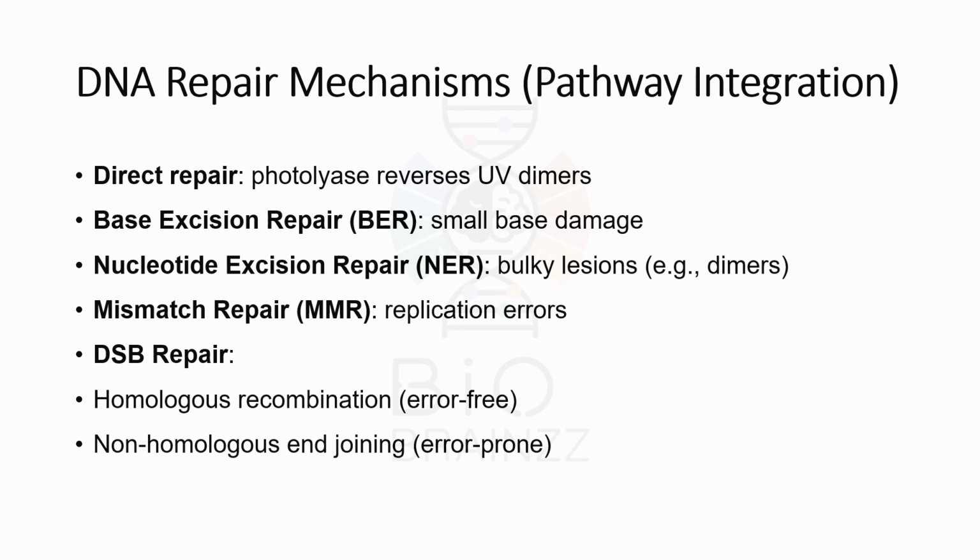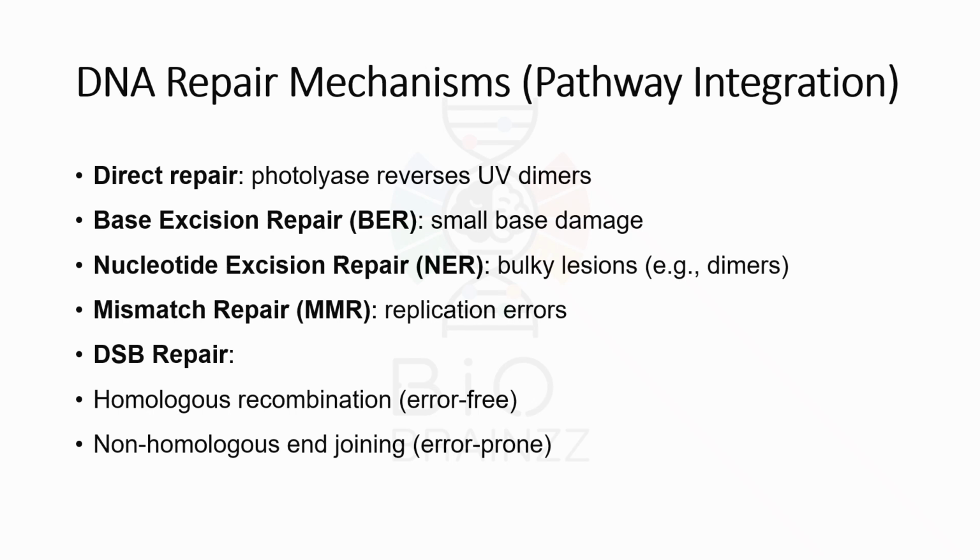DNA repair mechanisms. Cells have multiple repair mechanisms to maintain DNA integrity. Direct repair involves reversal of damage, such as photolyase repairing thymine dimers. Base excision repair corrects small base changes, while nucleotide excision repair removes bulky lesions.